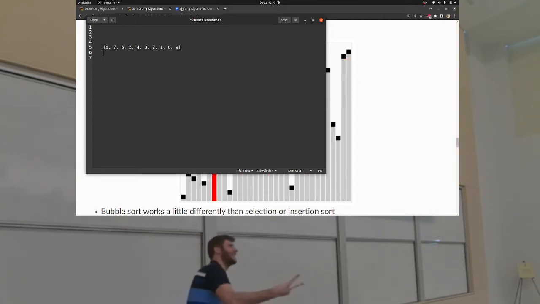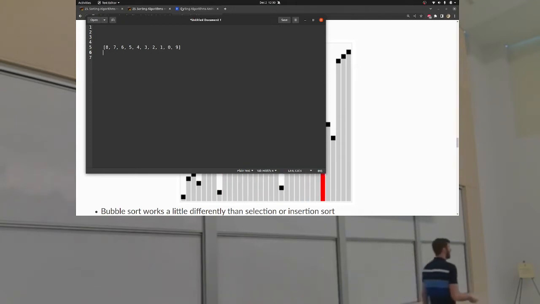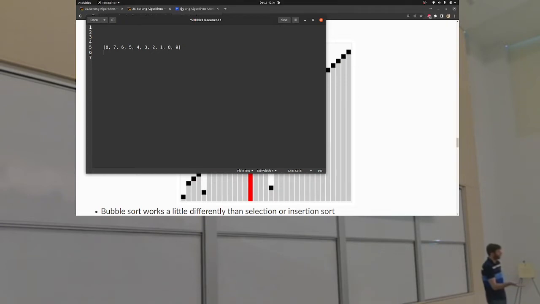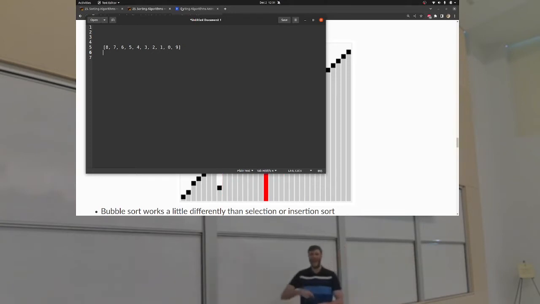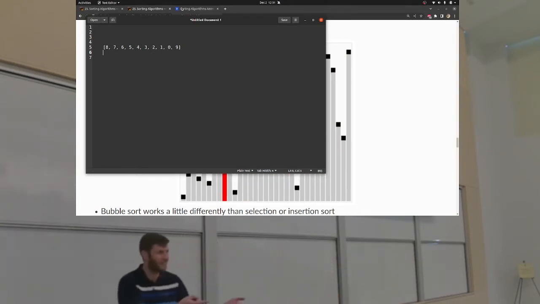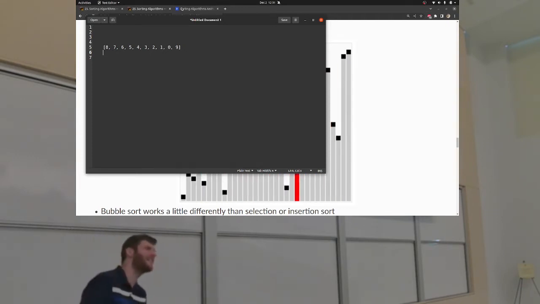After 2 passes, how many things will be where they belong? 2. After n passes, how many things will be where they belong? N. You're right. So, the worst case scenario is n units of work. How many times? N times. But is it really n units of work every time?